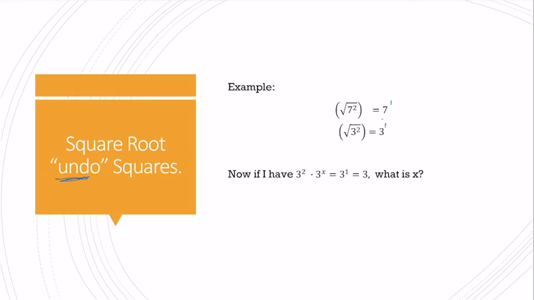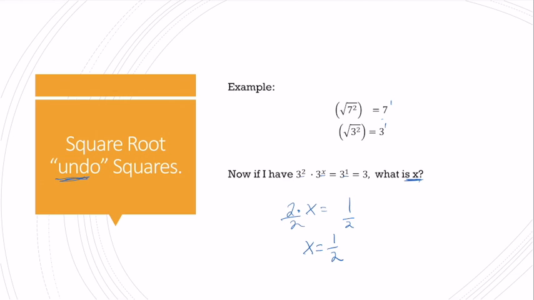So essentially I'm taking 3 squared times something and getting 1. So I want to solve for x, okay? So I have 2 times x equals 1. I divide both sides by 2. I get x equals 1/2.